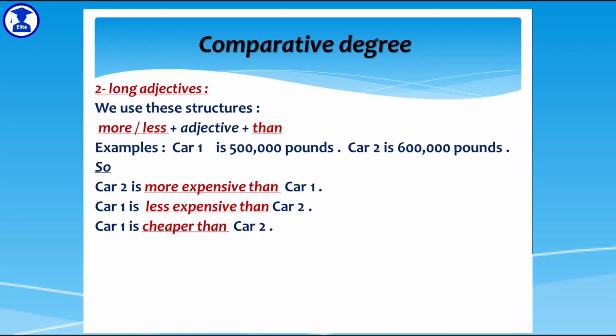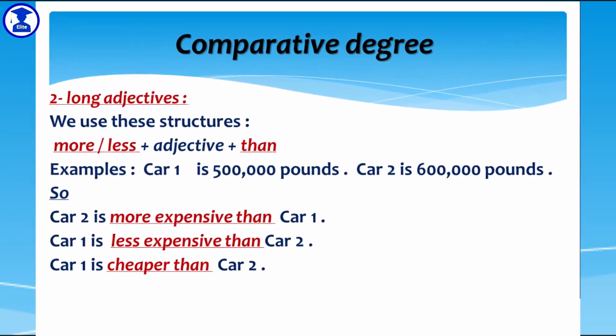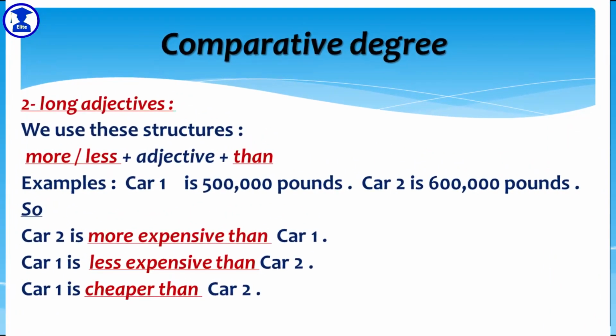Now, let's ask ourselves how to put long adjectives into the comparative degree. Of course, we cannot add er at the end of long adjectives. So what will we do? We will add more or less before the adjective. If we have 2 cars, car 1, its price is 500,000 pounds, and car 2, its price is 600,000 pounds.